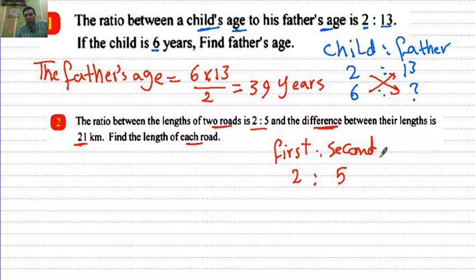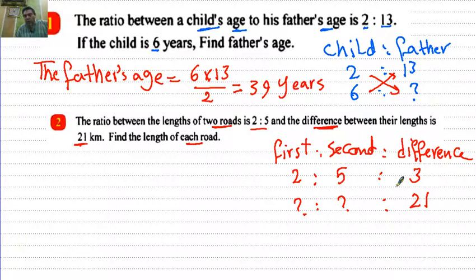Then the difference: the difference in ratio here is 5 minus 2 equals 3, and the difference in length is 21 kilometers. Then the missing one, we can use cross multiplication.